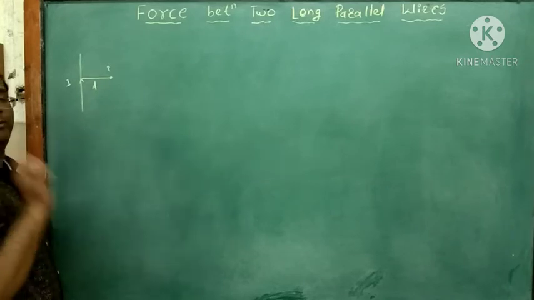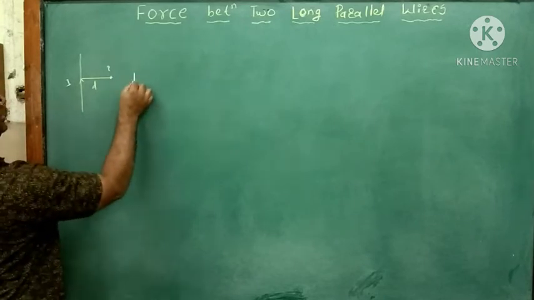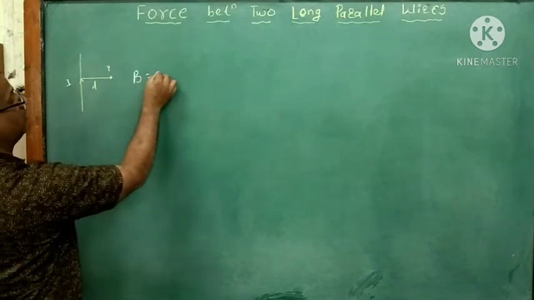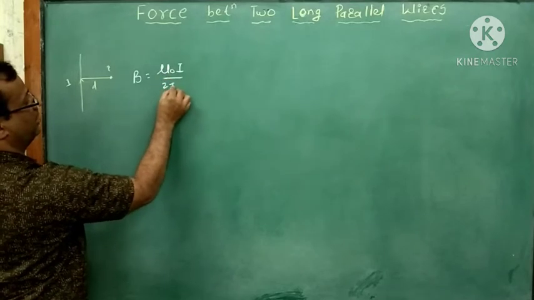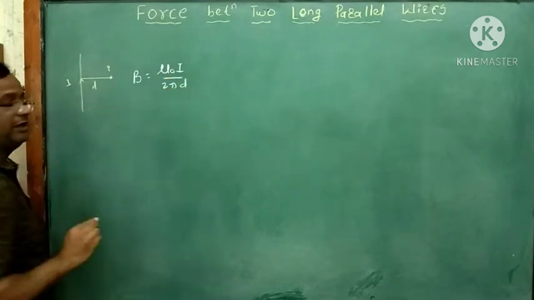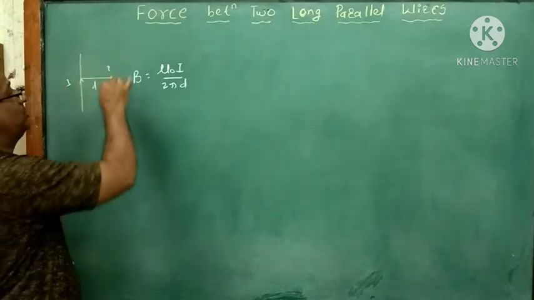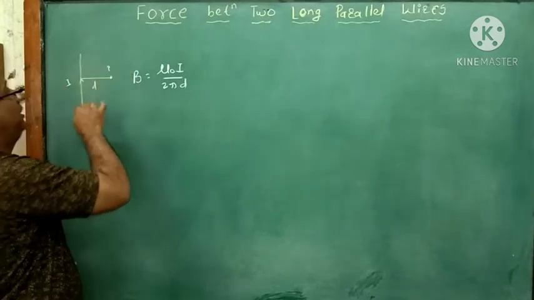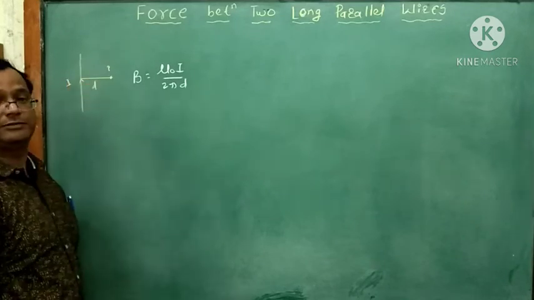We have already obtained the equation: B is equal to mu 0 I upon 2 pi D. So this much magnetic field is produced at point P due to the current flowing through the conductor.